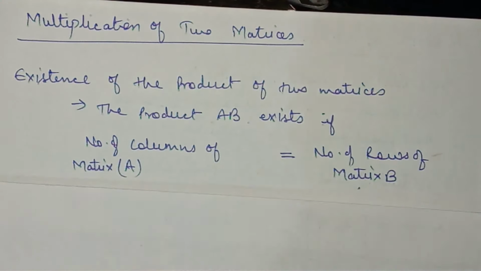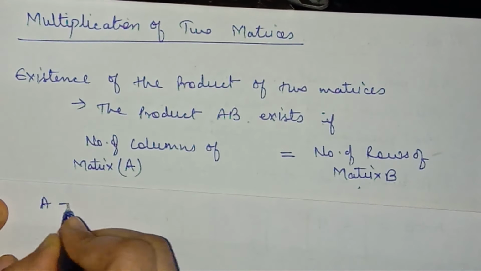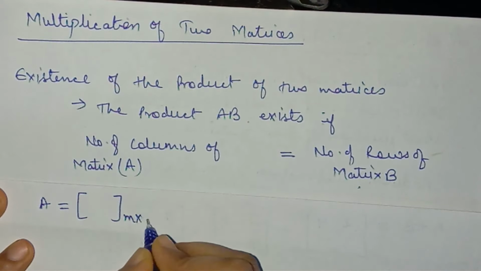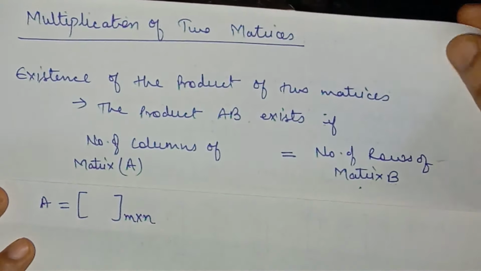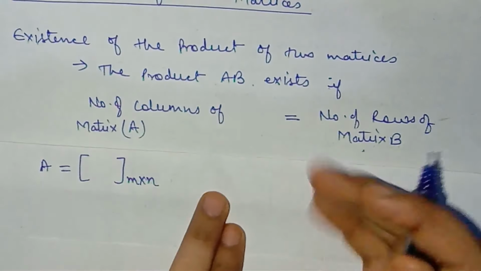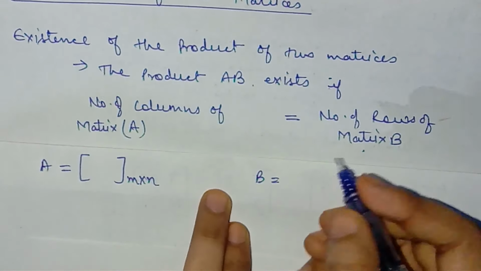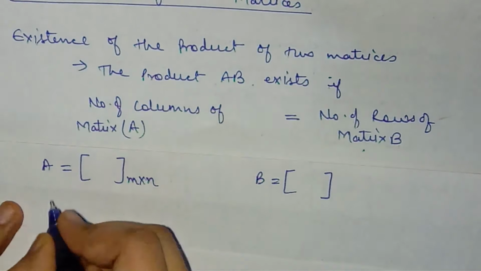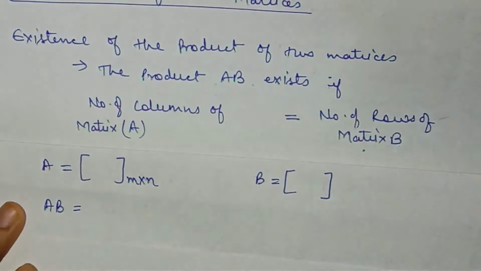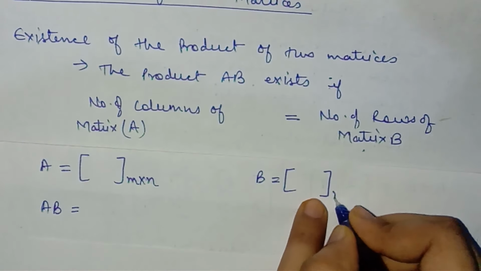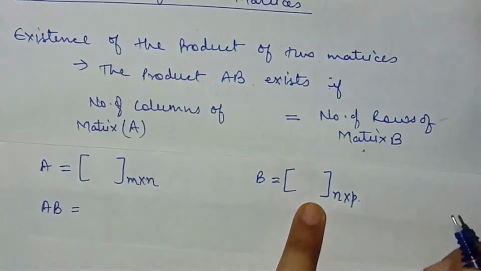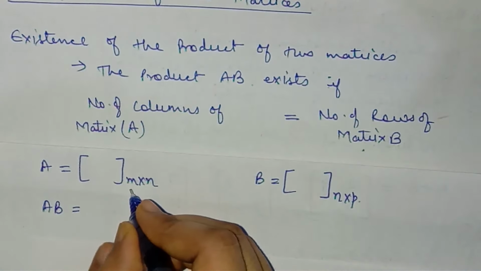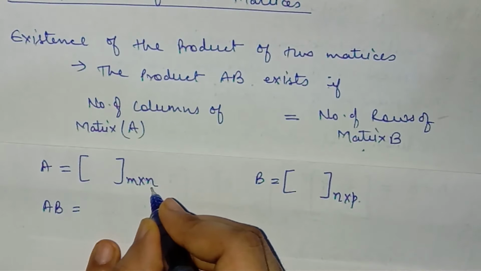For example, if I have matrix A and the order of this matrix A is m into n, and I have matrix B, then to find A into B, the order of B should be n into P. Here m represents the number of rows and n the number of columns.